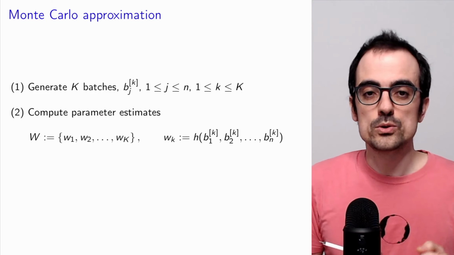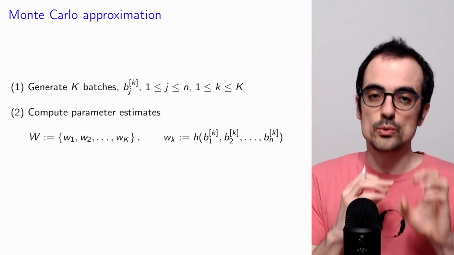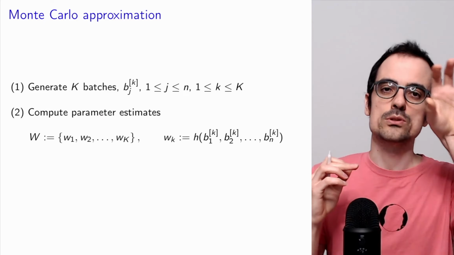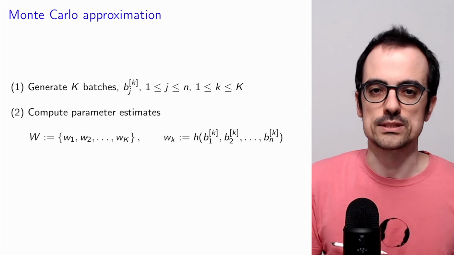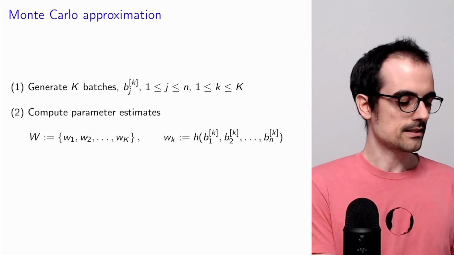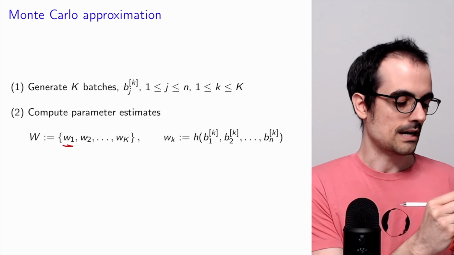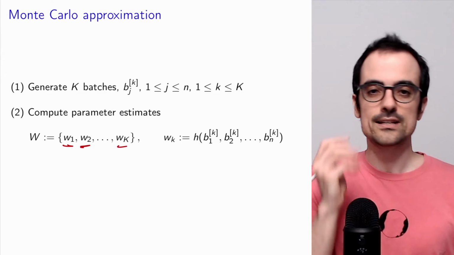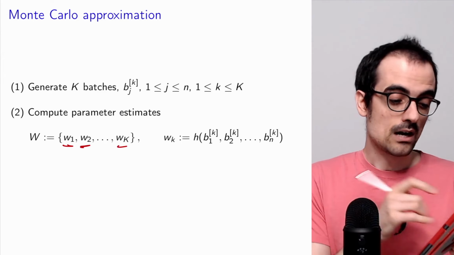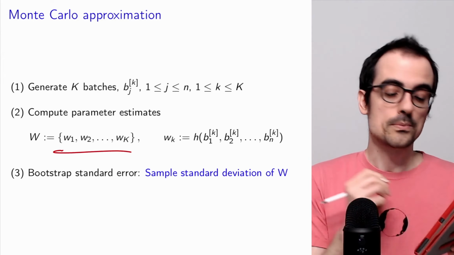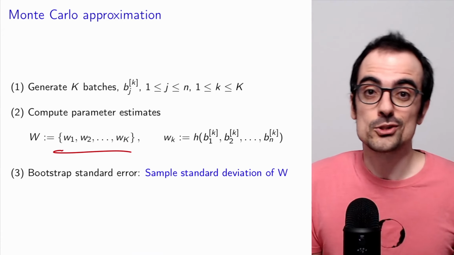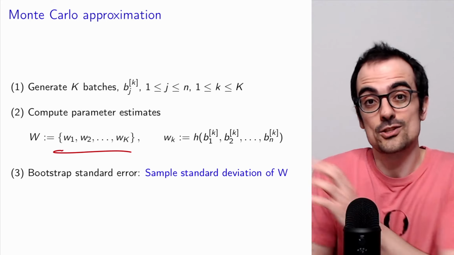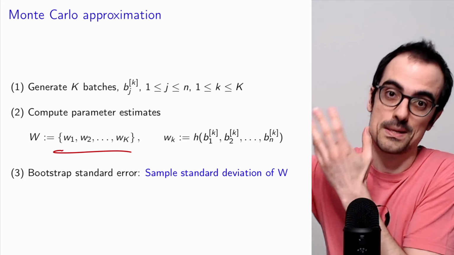Then we compute the parameter estimate corresponding to each batch. From each of these batches, we compute the sample mean or the correlation coefficient or whatever estimator we're interested in. This gives us a value of the estimator for each of the batches. And now we take these values and compute their standard deviation, and that's going to be an approximation to the standard deviation of the estimator, but it's computed from the bootstrap samples, not from the population samples.